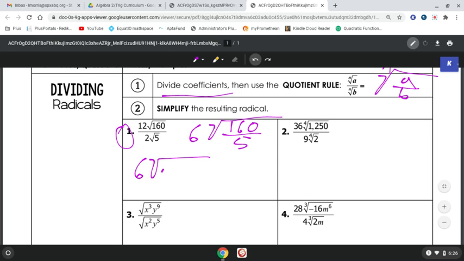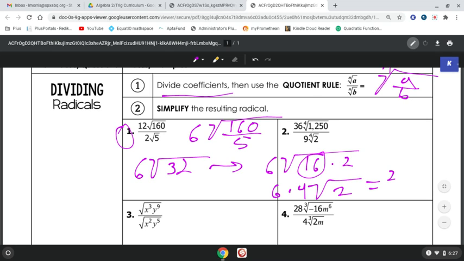So after we divided this, we would get 6 radical 32, but we can break that down further. 32 can be broken down into 16 and 2. So that allows us to take out the square root of 16, which is 4. So we'll have 6 times 4 times the square root of 2, which is 24 square root of 2. So that would be our final answer there. So division is pretty much the same as multiplication, except you're dividing.